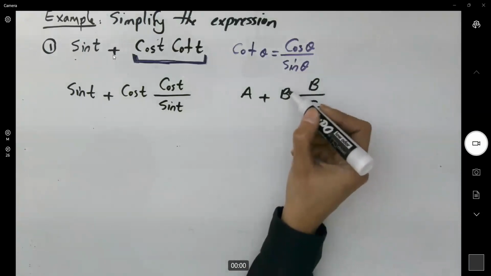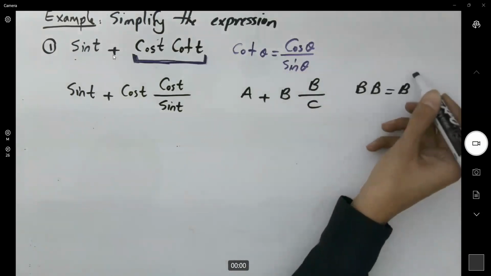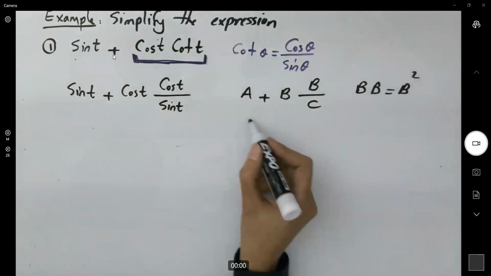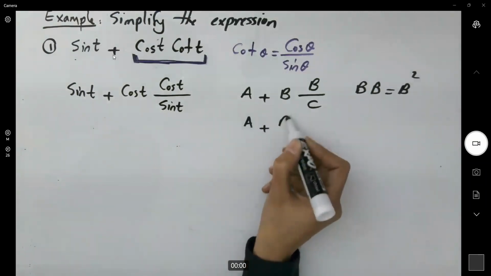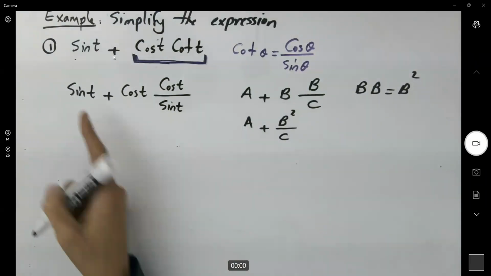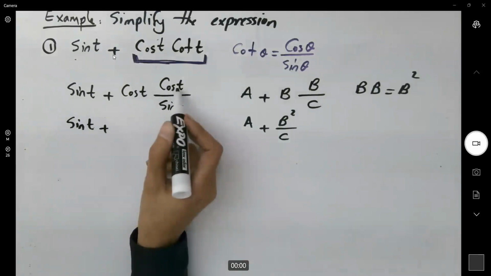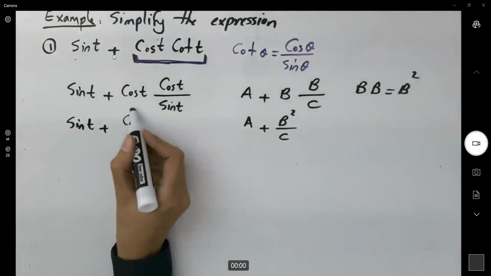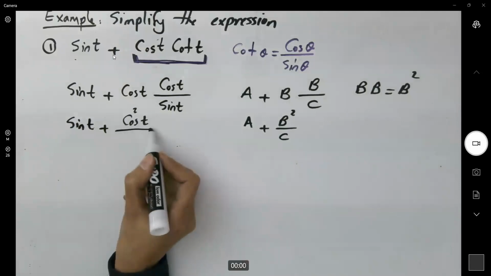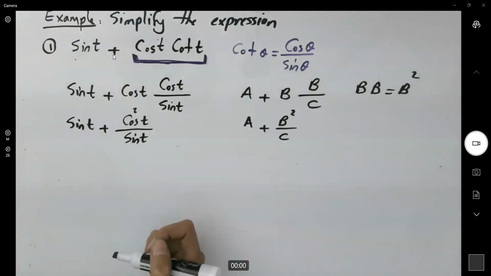Here you have b and b. b times b is b squared. So you can write this as a plus b squared divided by c. Step by step, I copy down sine plus cosine times cosine, which is cosine squared of t, divided by sine t. Well, now what?